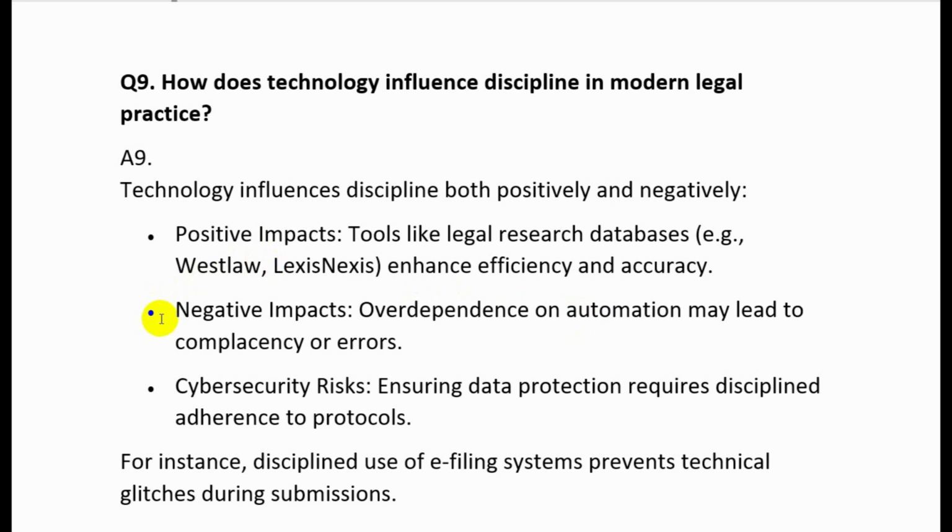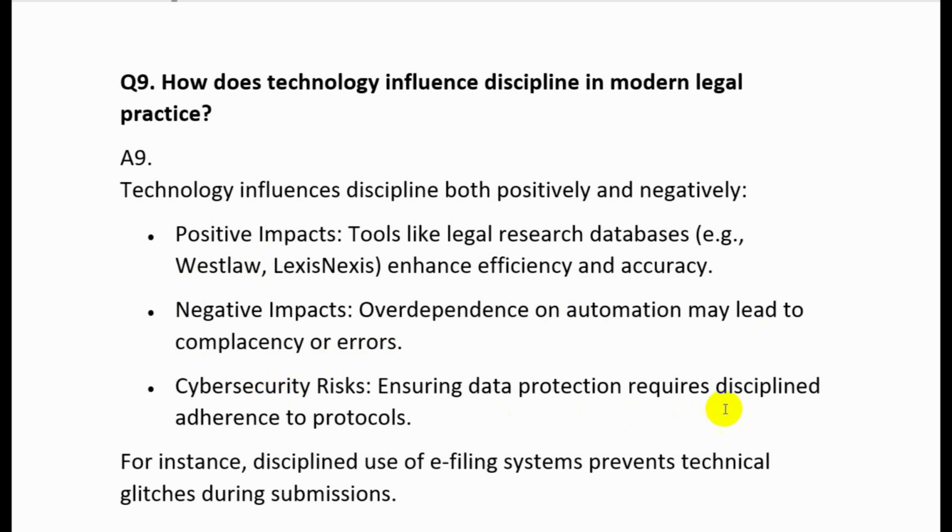What are the negative impacts of depending on technology? Over dependence on automation may lead to complacency or errors. Cybersecurity risk.